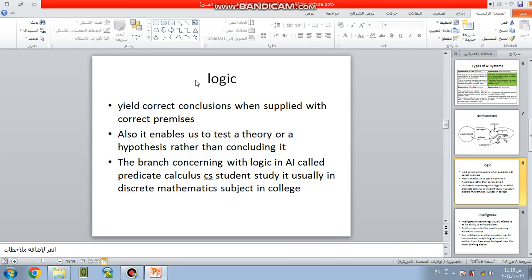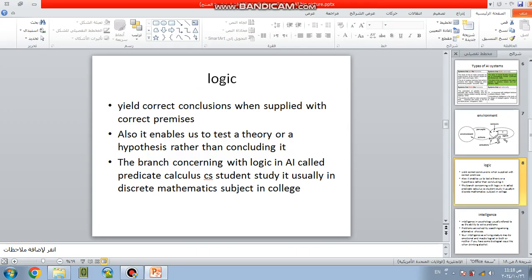Okay, it may rain. That's logic. If the clouds are very big, then I may guess that it is going to rain. These are the conclusions that I get using logic rules.